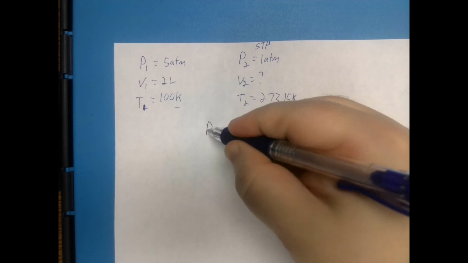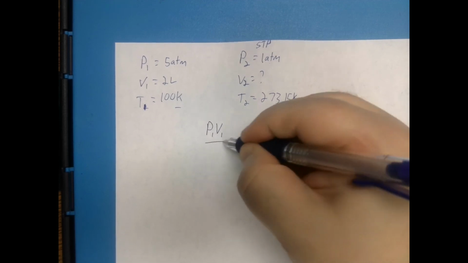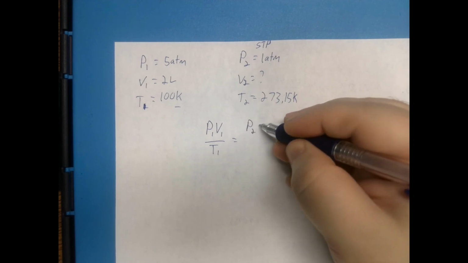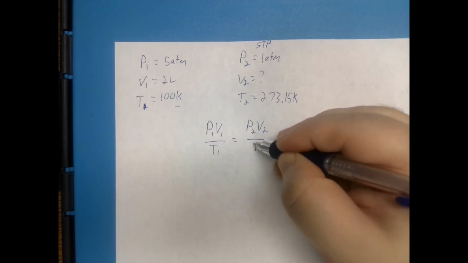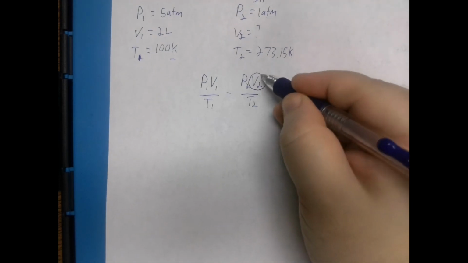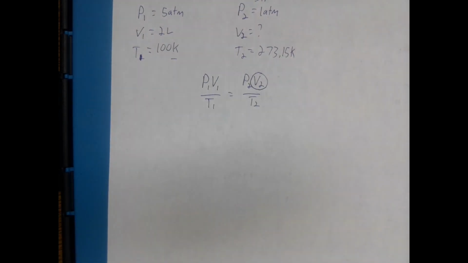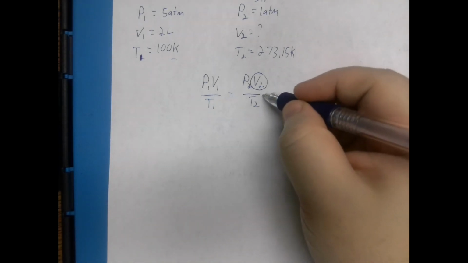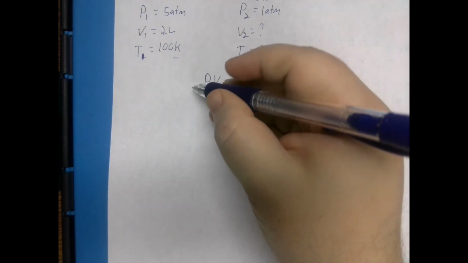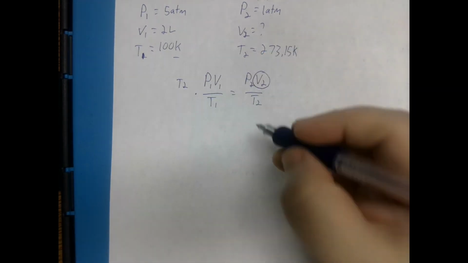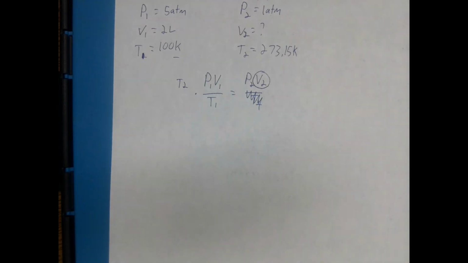So, initial pressure times initial volume over initial temperature is equal to P2 V2 over T2. We're solving for final volume. So it's being divided by T2. So to move it over here, I'm going to multiply by T2. That gets rid of it on this side.